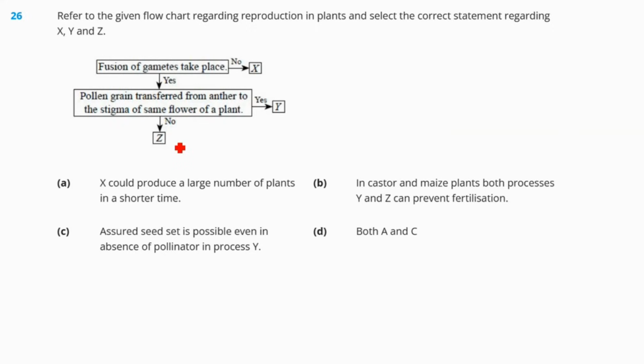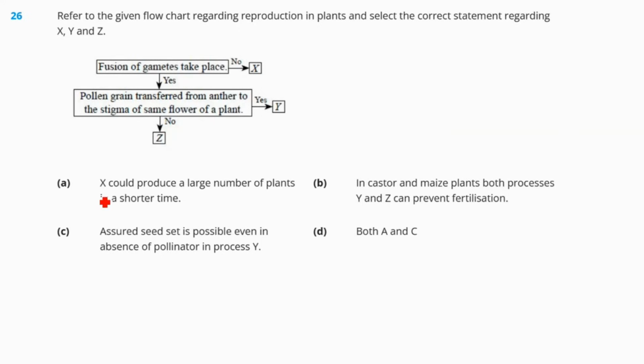Yes is Y. No is Z. So Y can be a plant that undergoes self-pollination. Z could be any plant that undergoes cross-pollination. And fusion of gametes takes place? No. X can be any other plant reproducing through different vegetative parts or other asexual modes of reproduction.